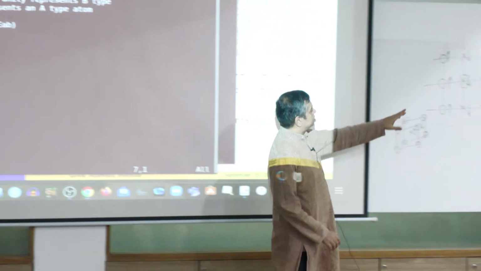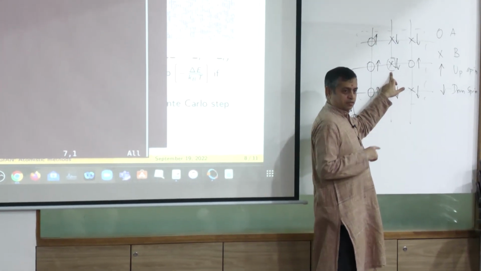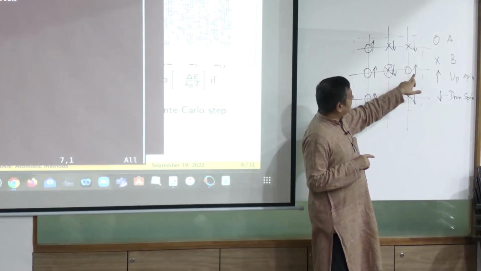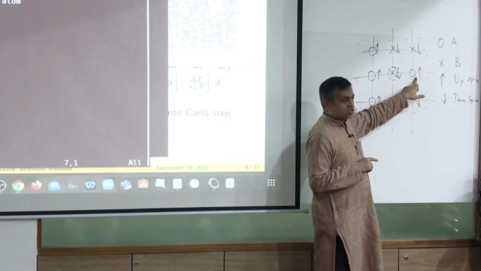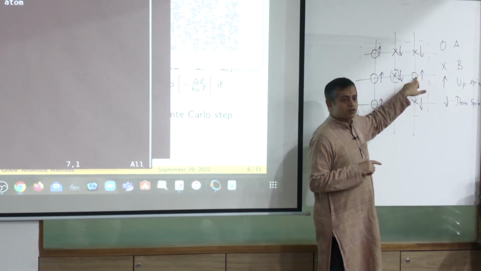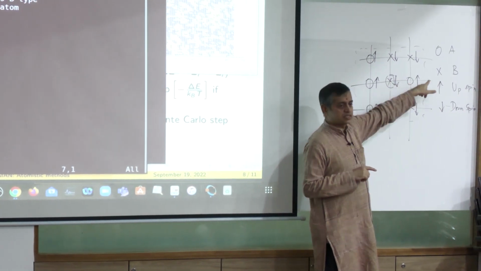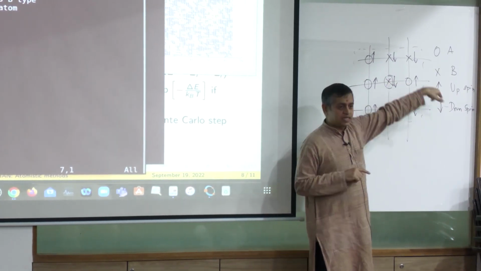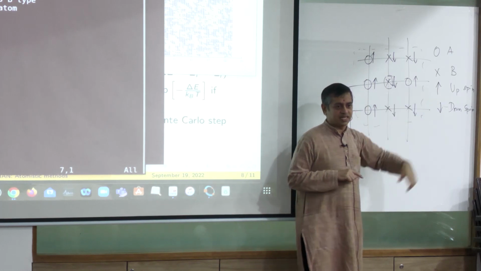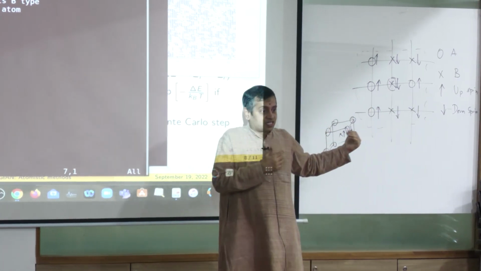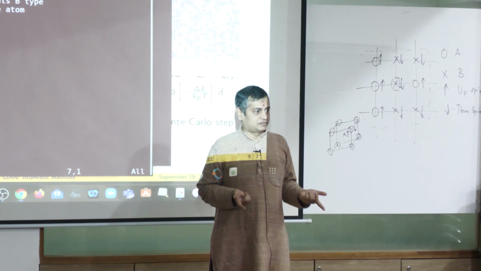Only thing I have to show you is the energy calculation. Suppose I decided to choose this atom and I decide to flip it with this. Its neighbor also will contribute to this energy after flipping, right. So, with respect to this site, its nearest neighbor and its nearest neighbor. So, it is like second nearest neighbor also will have a say on this process, right.